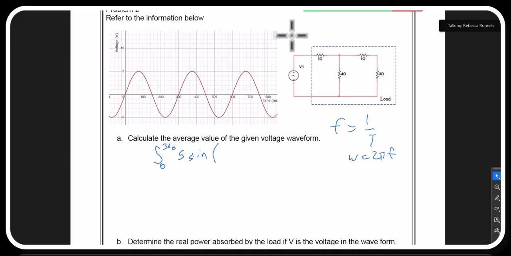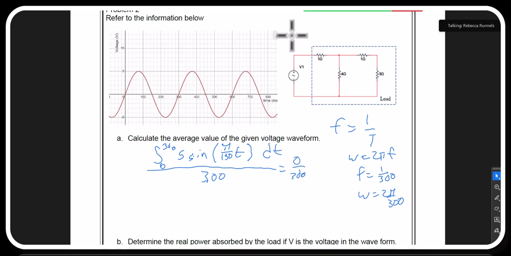So the period is 300, so the frequency is 1 over 300, and so the angular frequency is 2 pi over 300, or pi over 150. So that's pi over 150 t. There's no phase shift, so there's no angle there, dt, over the length of the period, which is 300. And if you do that integral, you get 0.